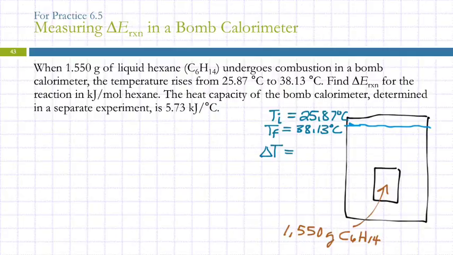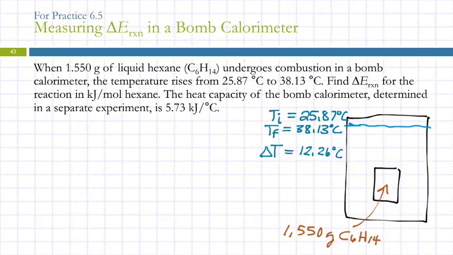It's the final minus the initial. 38.13 minus 25.87. So the temperature rose 12.26 degrees Celsius. You with me? Why did the water get warmer? It absorbed energy from the reaction.